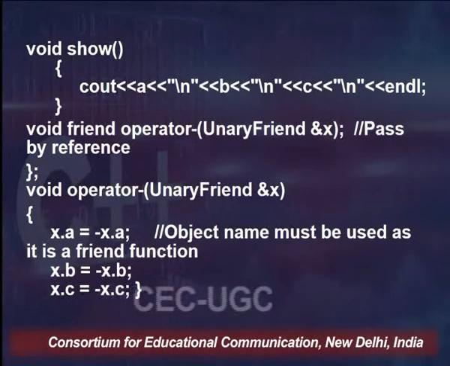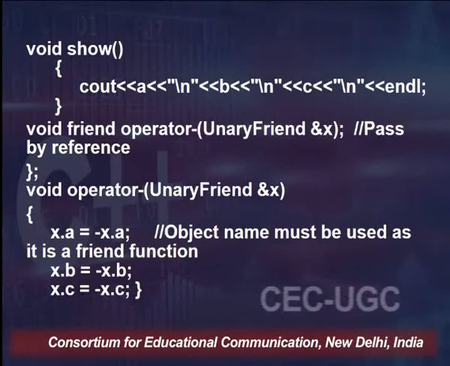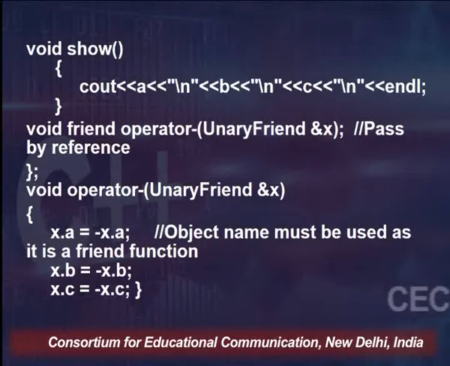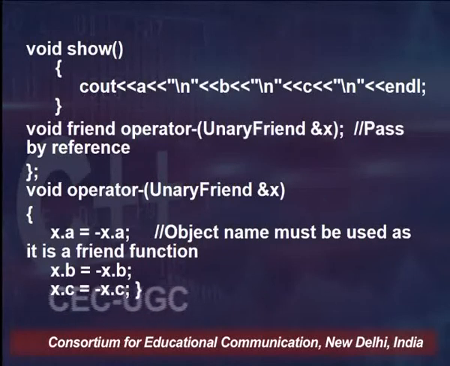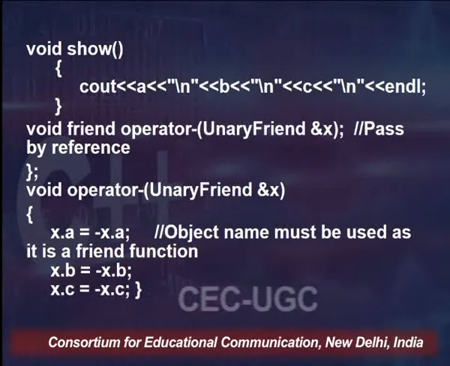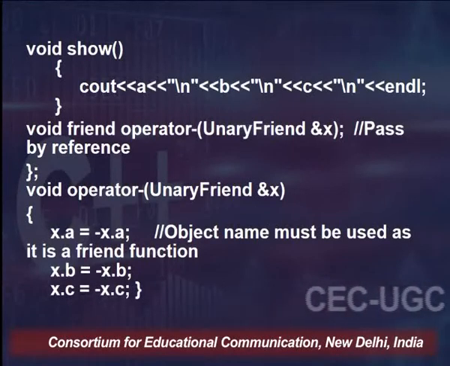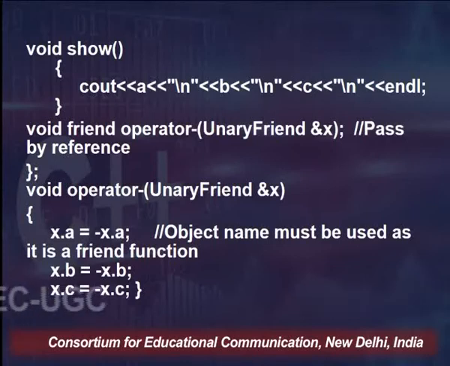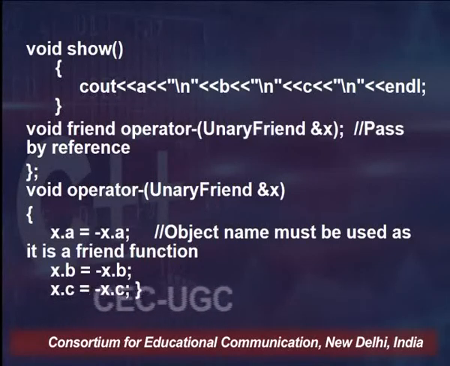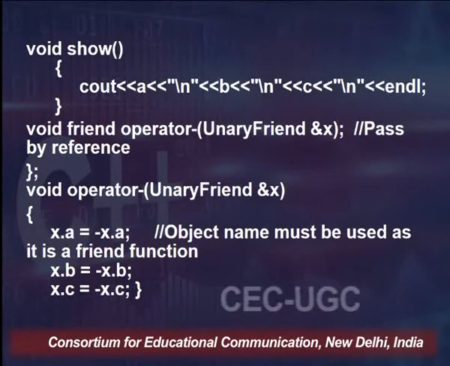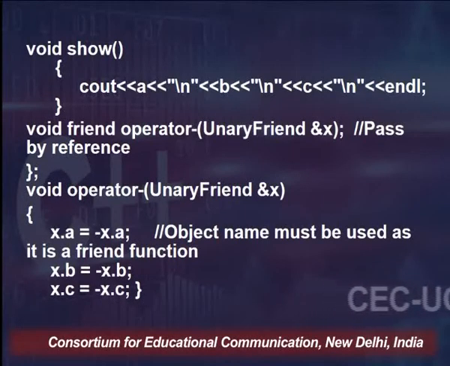So &x is basically passing the object x of class unary friend using the mechanism of pass by reference. The reason behind passing this using the referencing mechanism is already discussed.